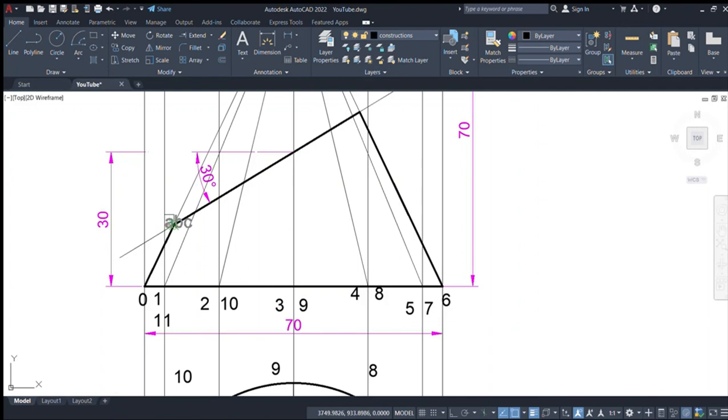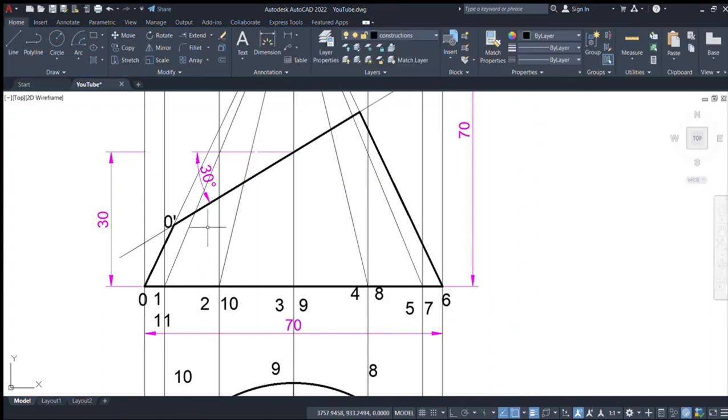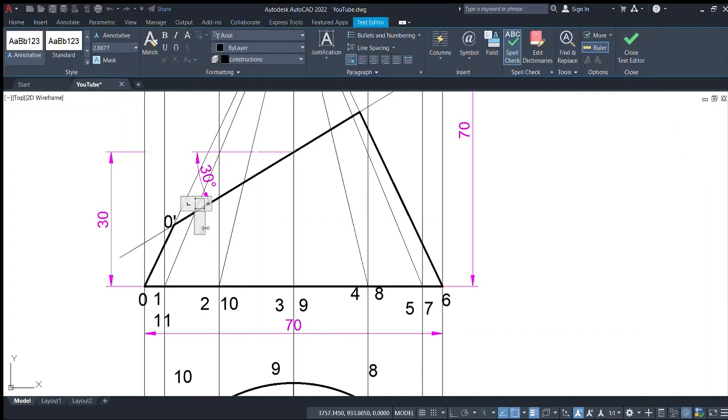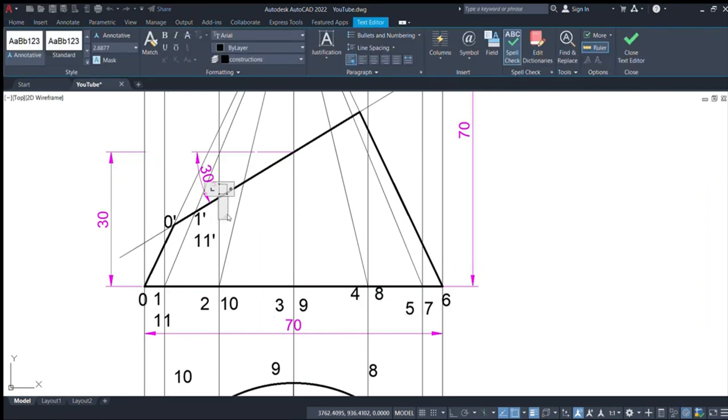Let's start with this, which is 0 dash, and then this one here is 1 dash, 11 dash. This one here is 2 dash, 10 dash.